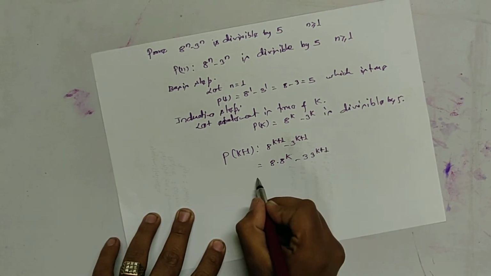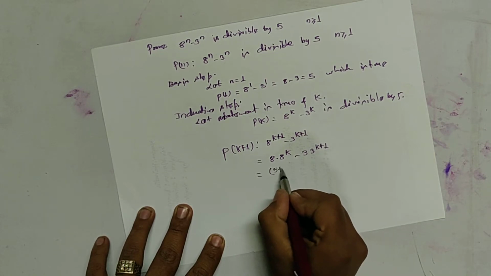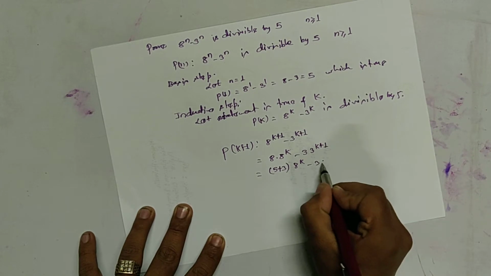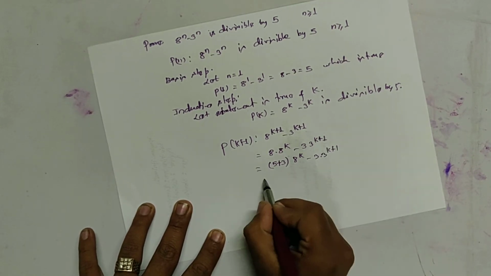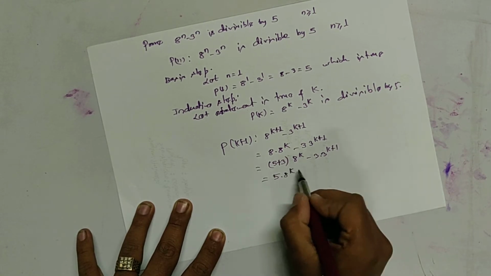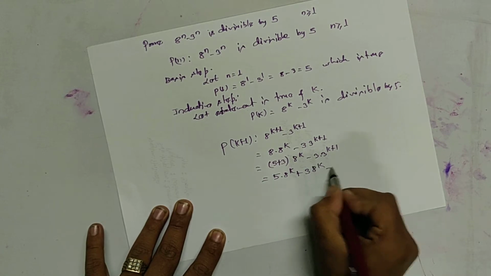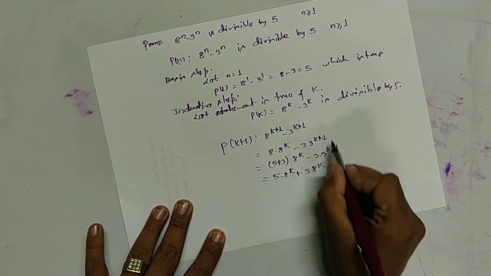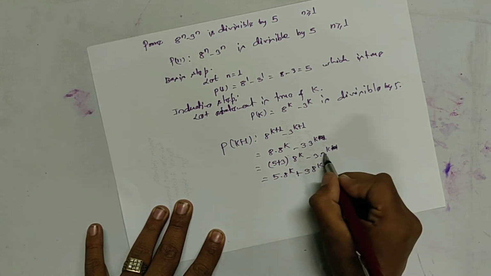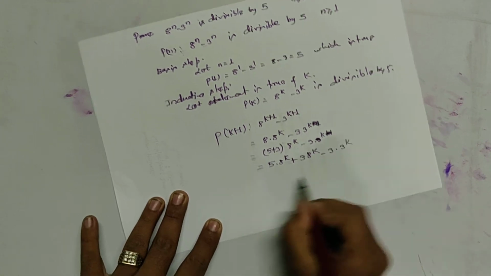We know that 8 is 5 plus 3, minus 3 into 3 power k. By multiplying we get 5 into 8 power k plus 3 into 8 power k, this is k only, not k plus 1, minus 3 into 3 power k.